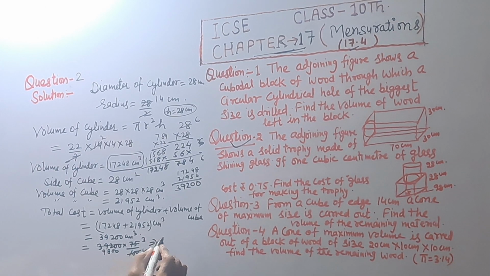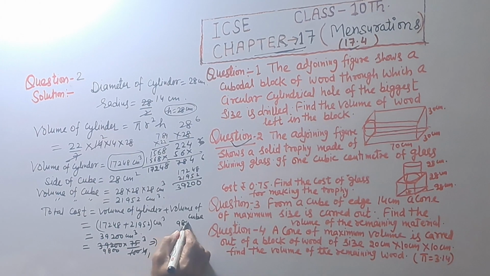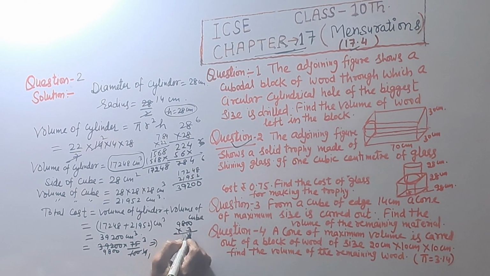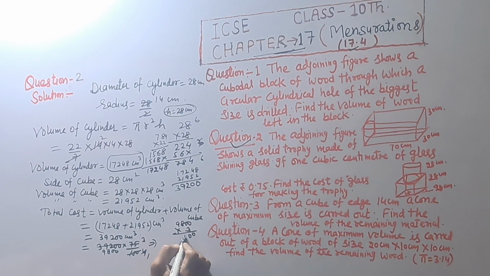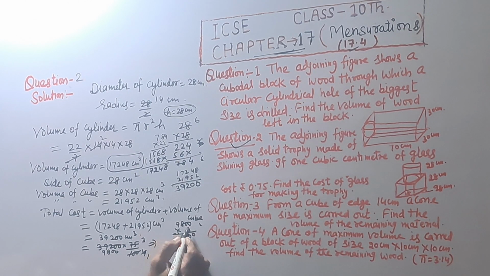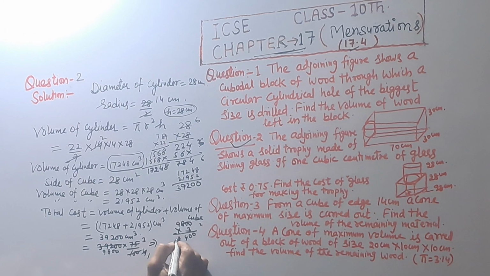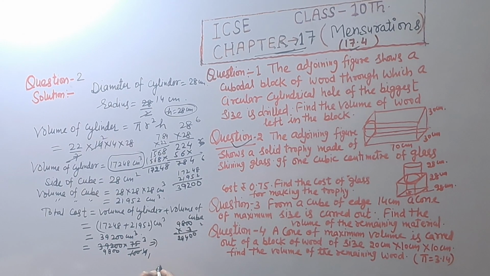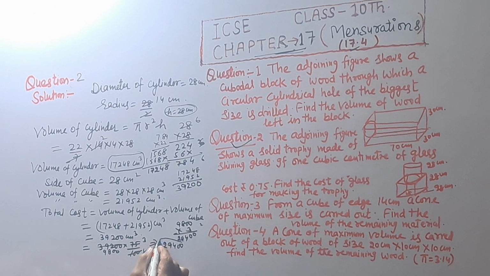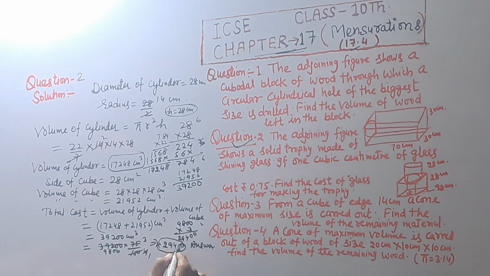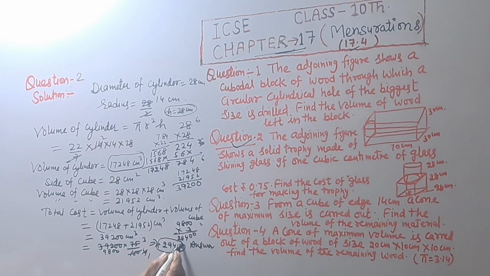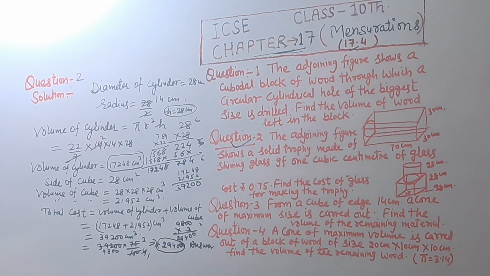We get 9800 multiplied by 3, 0 0, 8 3s are 24, 2 carry, 9 3s are 27, that is equal to 29,400. So we get rupees 29,400. Answer: 29,400 rupees.